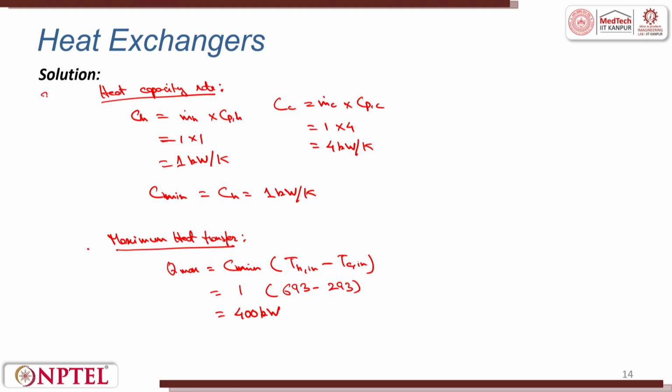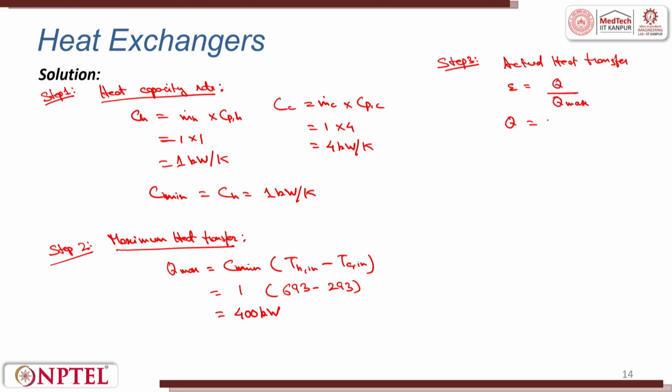So, this is step 1, this is step 2. Step 3, I will try to calculate the actual heat transfer. We know epsilon is equal to Q by Q max.